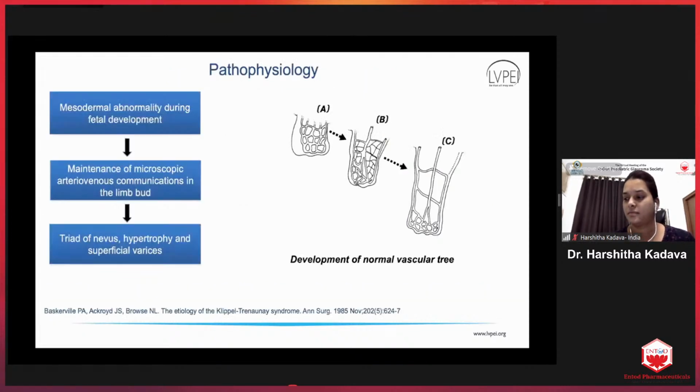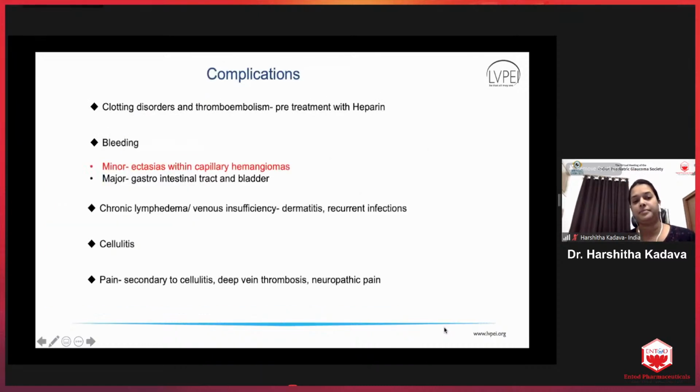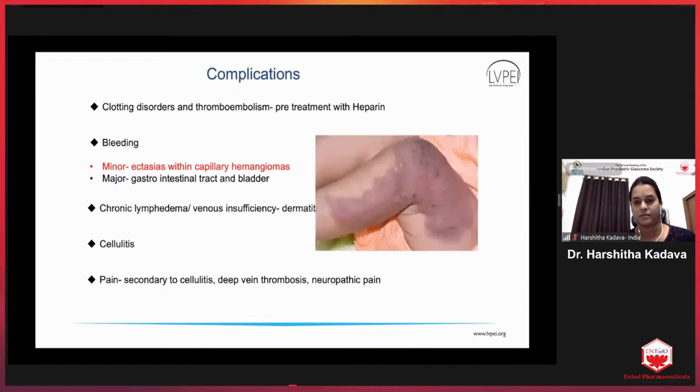There is a mesodermal abnormality in this condition, which leads to persistence of arteriovenous communications in the limb buds, which manifests itself as the clinical triad. Some serious systemic complications are associated with KTS, like pulmonary embolism and gastrointestinal bleeds. Anemia in the present case is thought to be caused by the bleeding of the ectasias within the capillary hemangiomas.